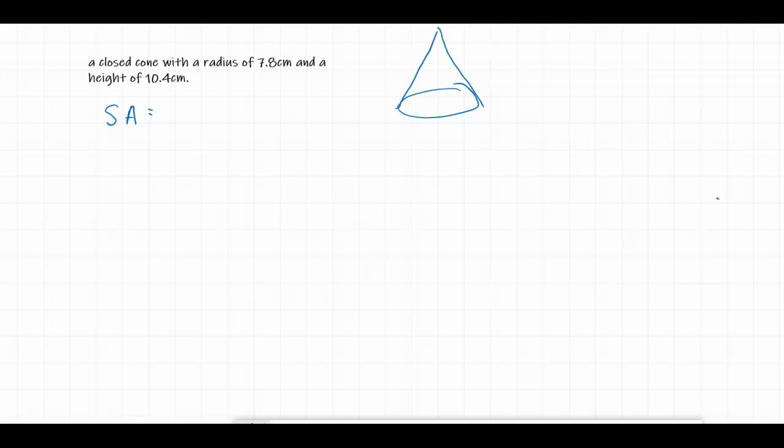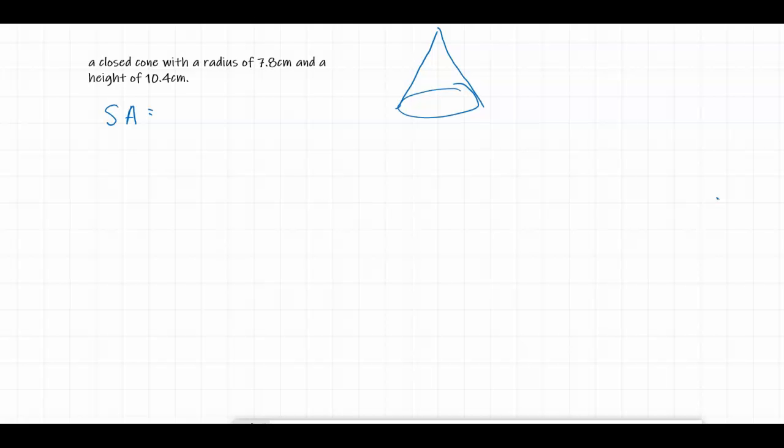Okay, sliding along. A closed cone with a radius of 7.8 centimeters and a height, that would be a perpendicular height, otherwise I would declare it as a slope height, of 10.4. So let's draw that first.